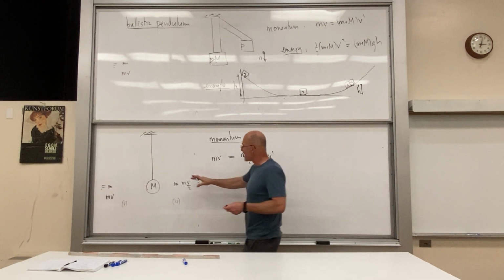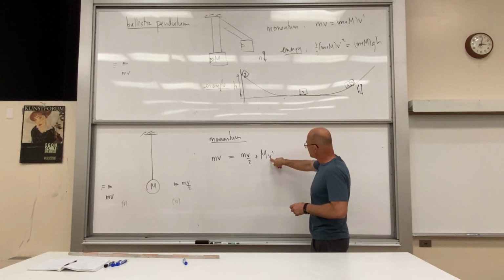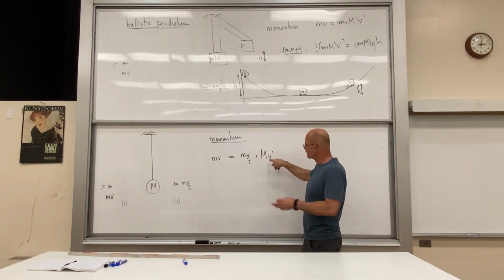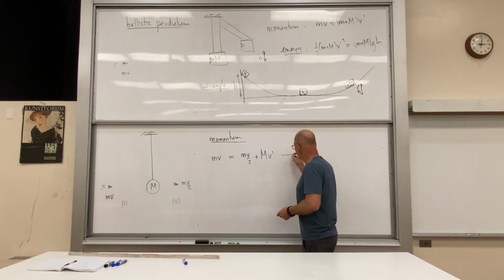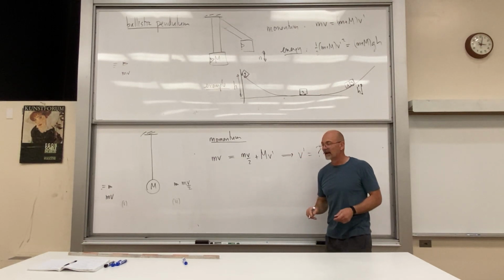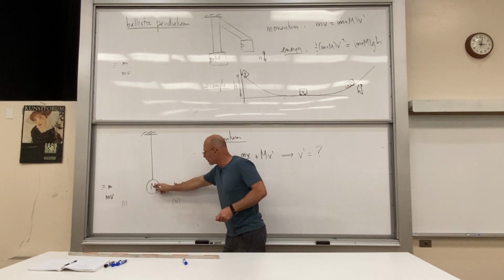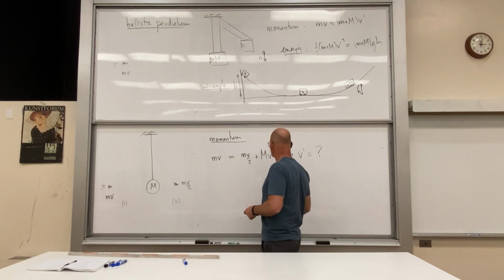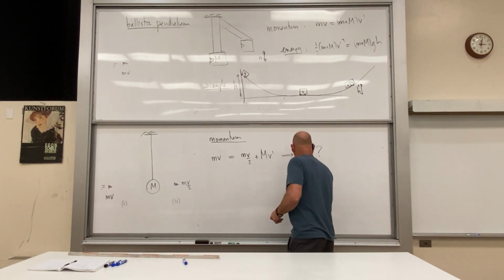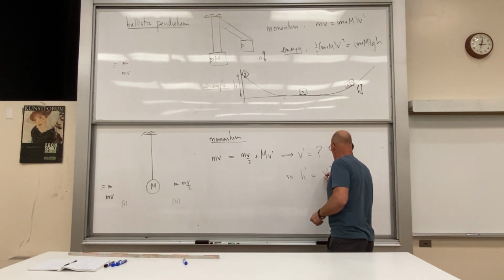Now you could forget about the bullet, it's gone, but you could figure out what v prime is based on this equation. Then you could ask how high will this thing swing? That's kind of trivial again. Given the v prime, h prime is equal to v prime squared over 2g.